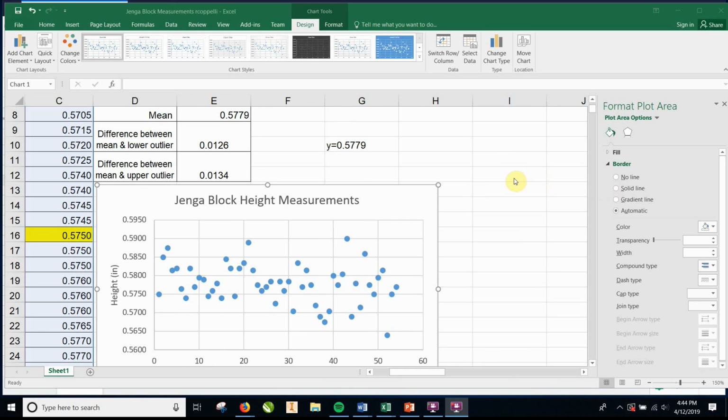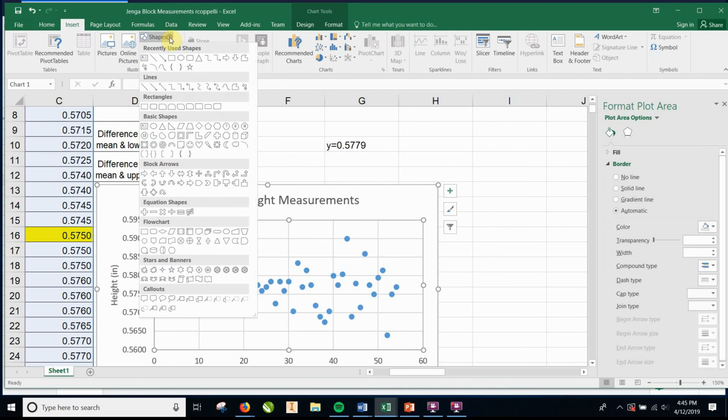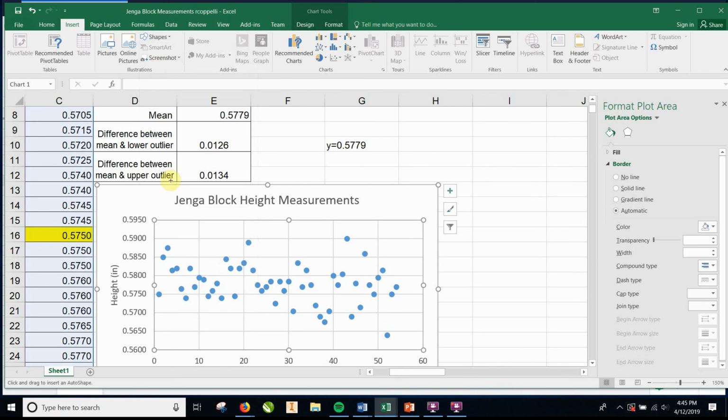Okay, I had to pause the video there while I looked for it, but I found it. And what we're going to do is go to insert right here, and shapes. We're just going to draw a horizontal line right where this value is, 0.5779, and not right there, but roughly where we think it's at.